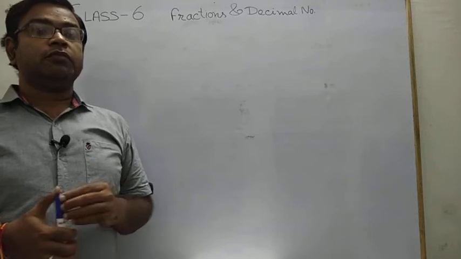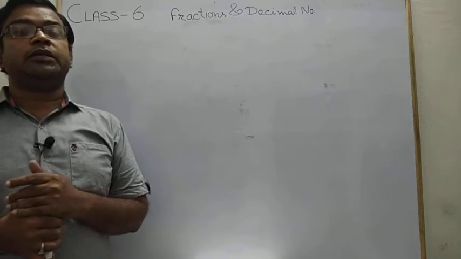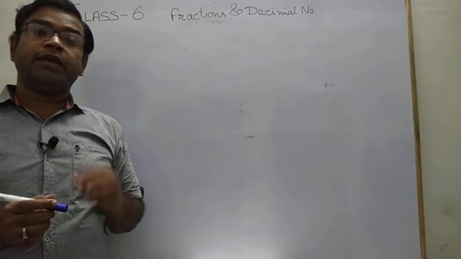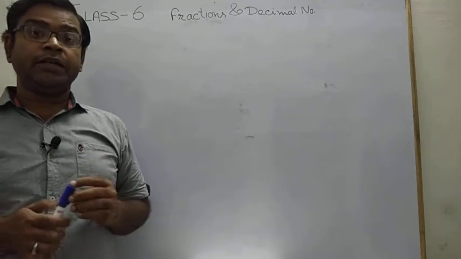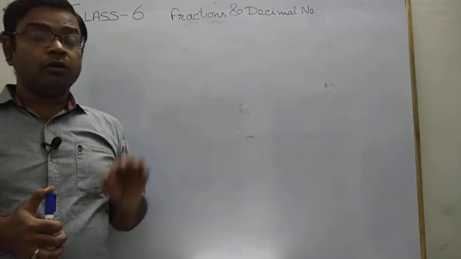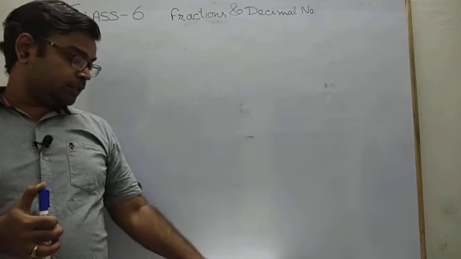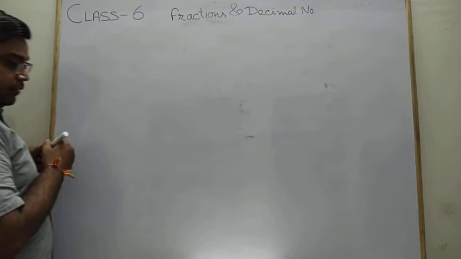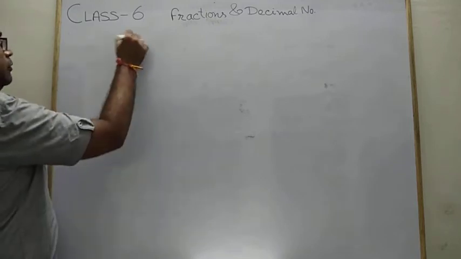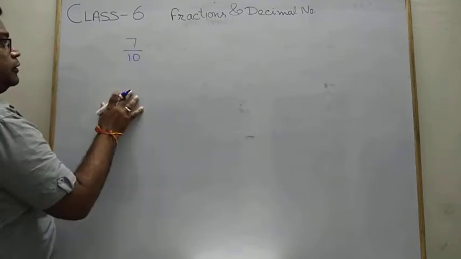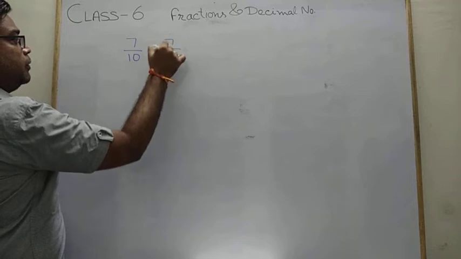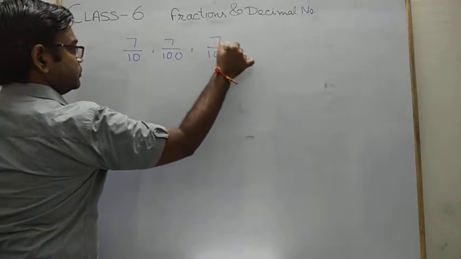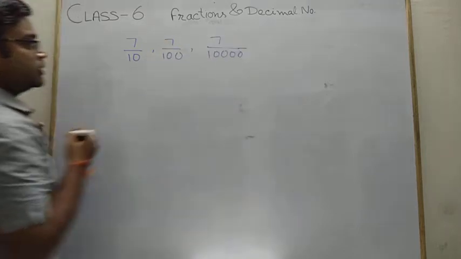So how do we say that the given decimal number is a fraction? Always remember that if any fraction has a denominator of 10 or multiples of 10, then it is known as a decimal fraction. For example, 7 upon 10, or 7 upon 100, or 7 upon 10,000, likewise.